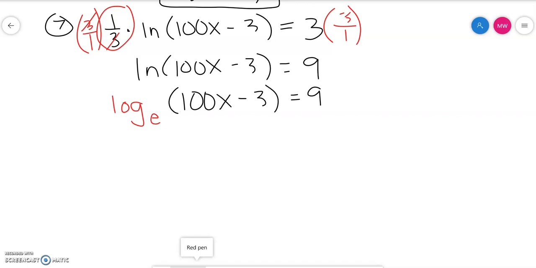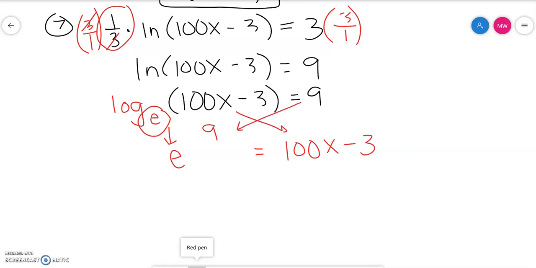So now, whenever you get ready to change it into an exponent, you would start with a base of e. So this would be e to the 9th power equals 100x minus 3. Okay, you always drop that base straight down. Everything else rolls over to the opposite side.